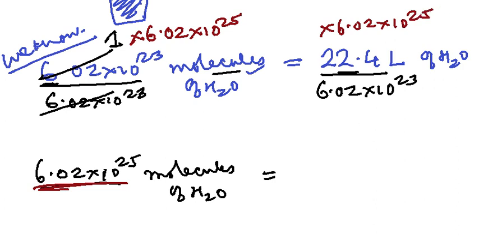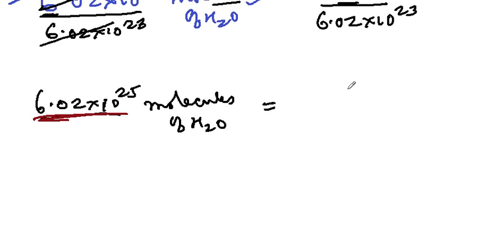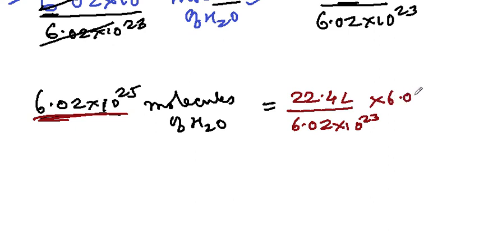Okay, so if we multiply this, 22.4 liter divided by 6.02 into 10 to the power of 23 at the denominator and 6.02 into 10 to the power of 25 at the numerator. So 6.02 cancels out, and the 10 power is 10 to the power of 2.